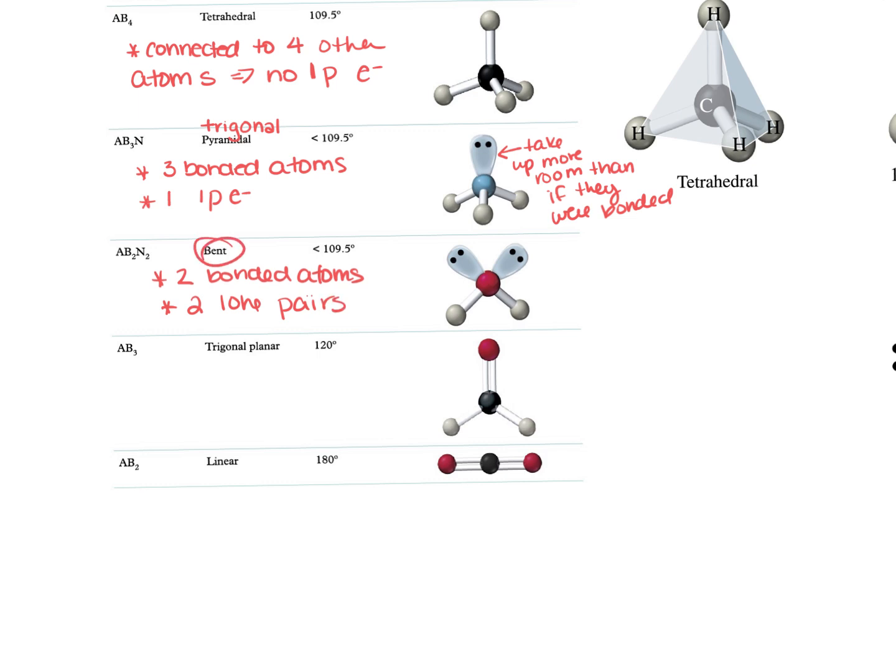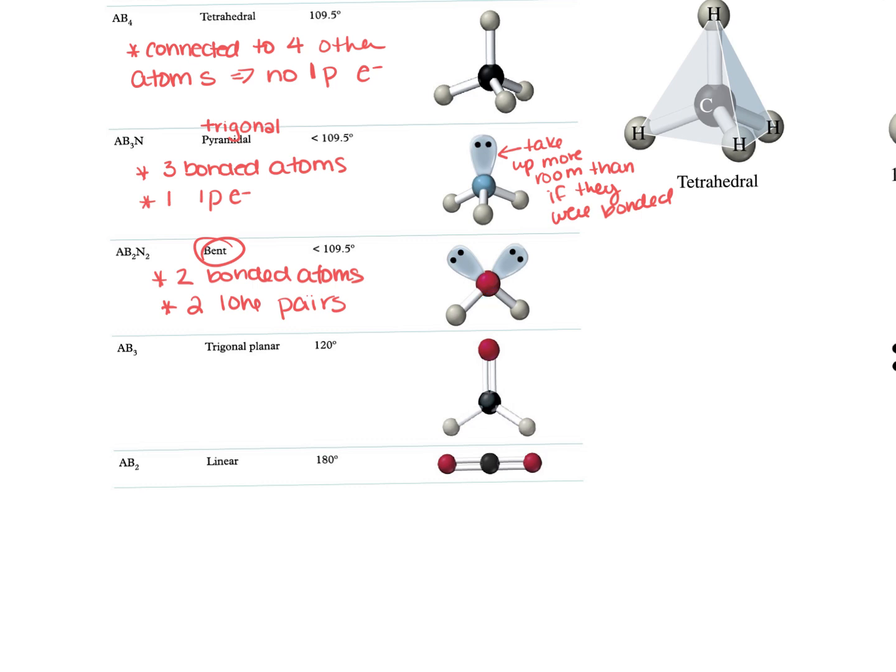So when we look at this, we've got a central atom, 2 lone pairs, 2 bonded atoms here. These lone pairs take up more room than if they were bonded. So then this bond angle here is less than 109.5. So these are kind of 3 molecules that we'll see where we have 4 groups around them.